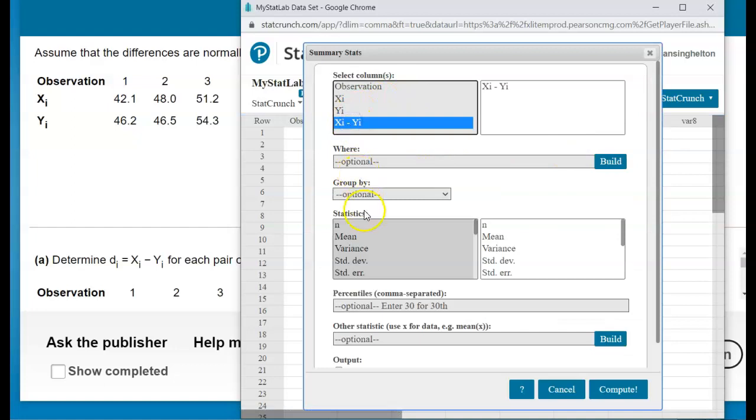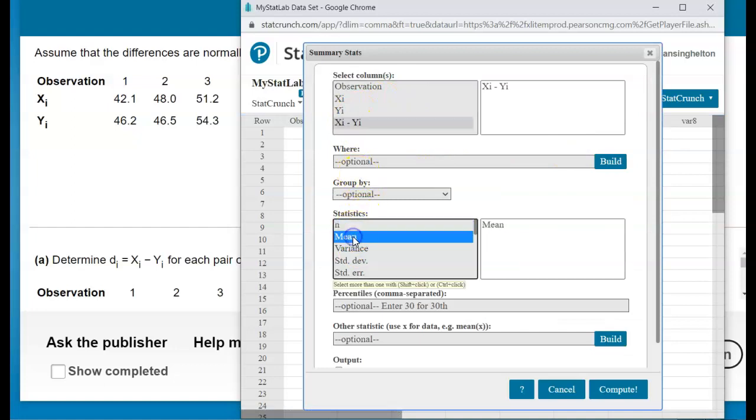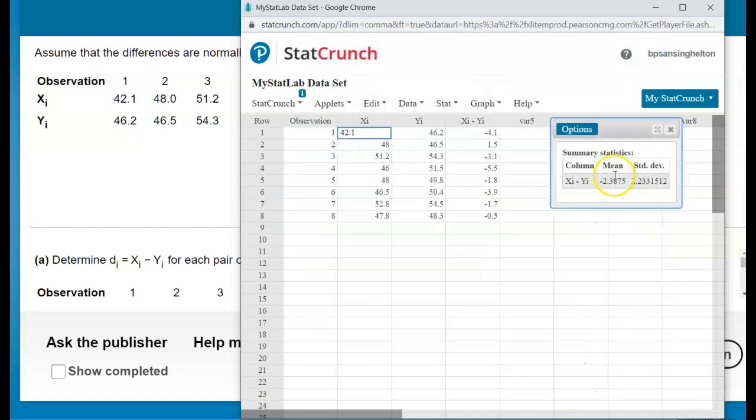So the mean of the differences is negative 2.3875, and the standard deviation of the differences is 2.23.